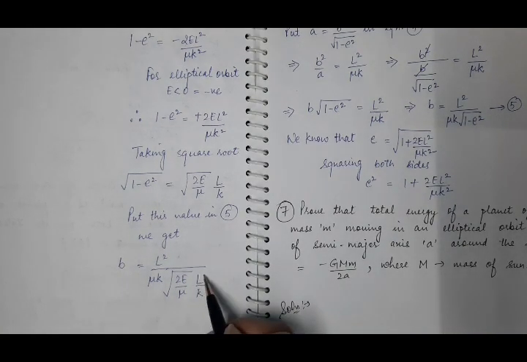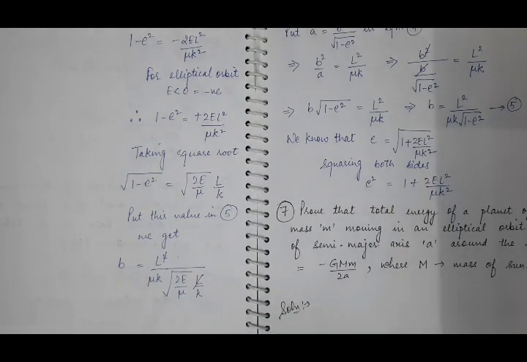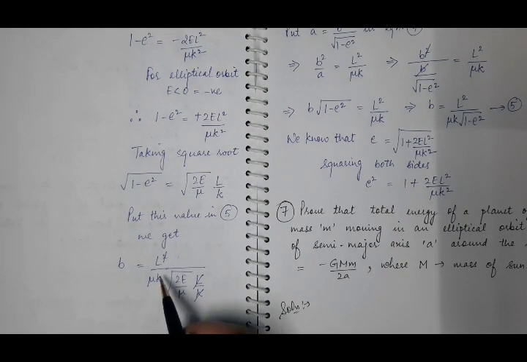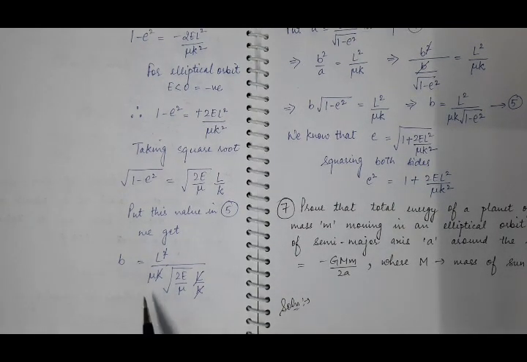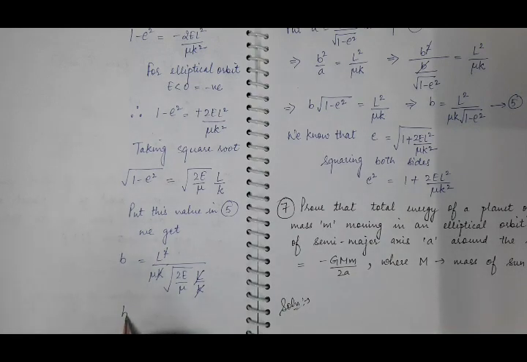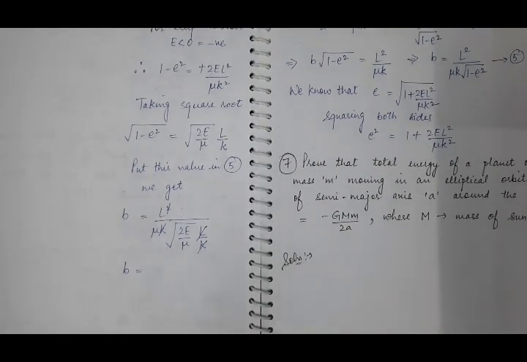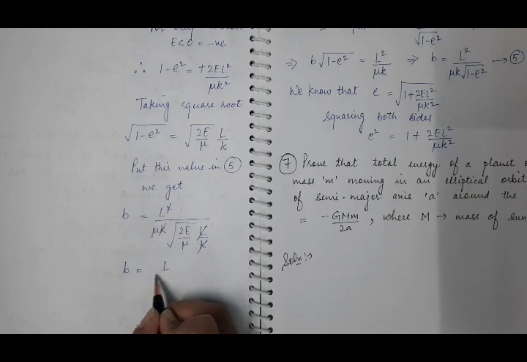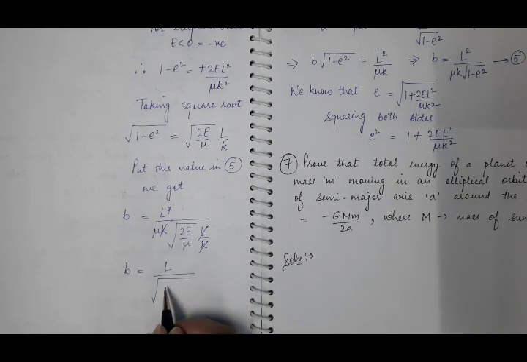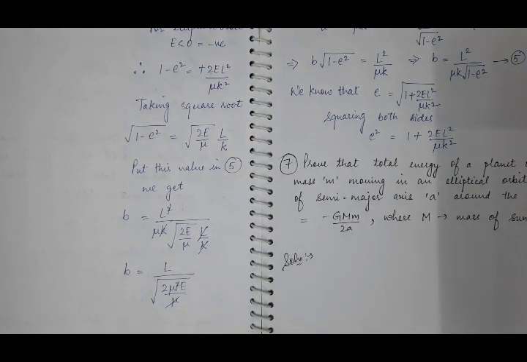So here one L will be cancelled by one L, k will be cancelled by k, and if you move this mu inside the square root, it will move as mu square. So we have b is equal to L upon root 2 mu square E upon mu, and this one mu will be cancelled out.